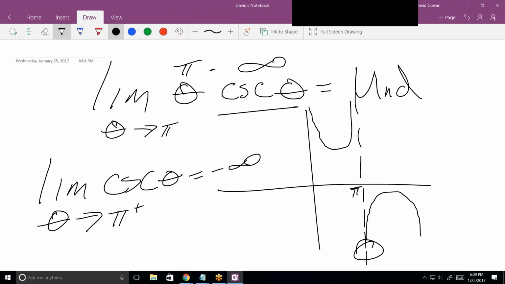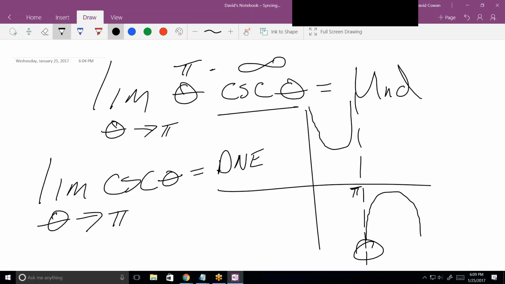If I approach it from the left, what is it? Infinity. Correct. Since positive infinity is not the same as negative infinity, then if I ask you what is the limit of the cosecant of theta as we approach pi, that has to be a does not exist, because the limit is not the same from the right as it is from the left.